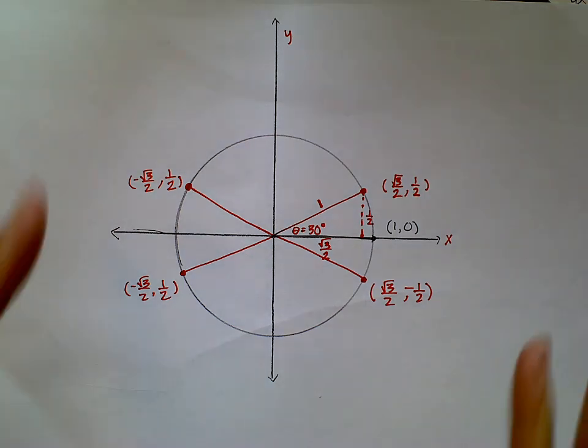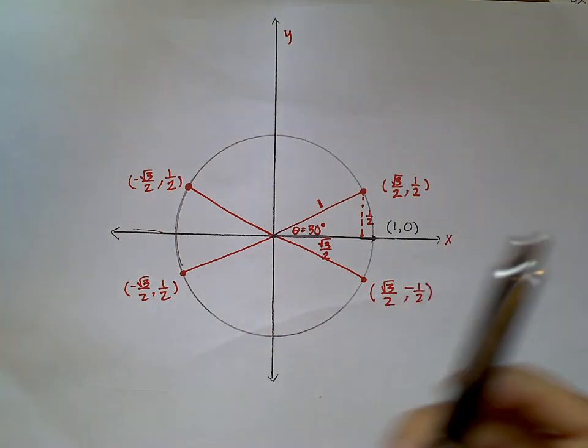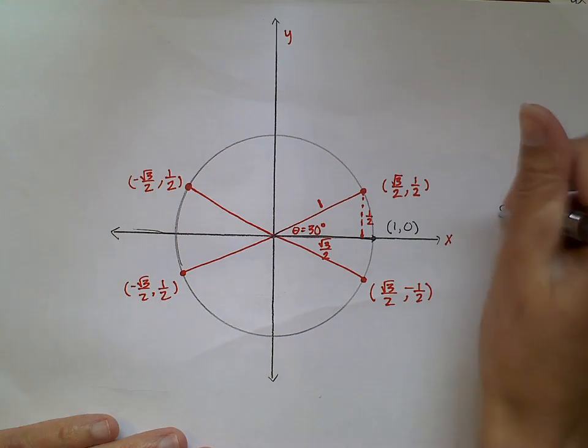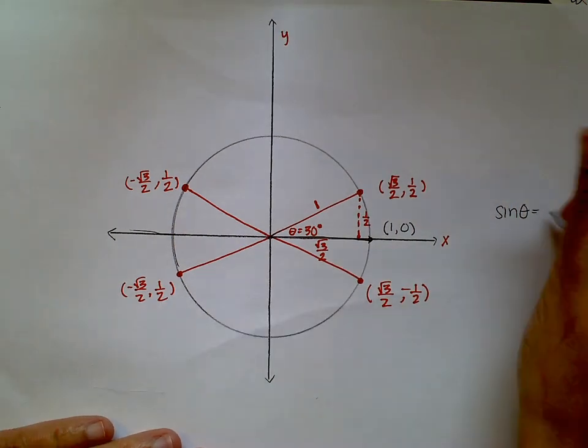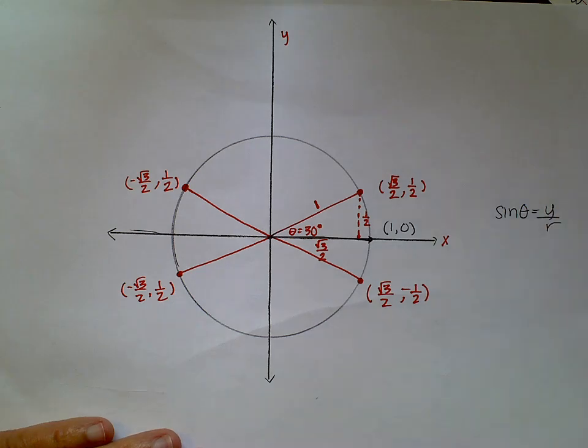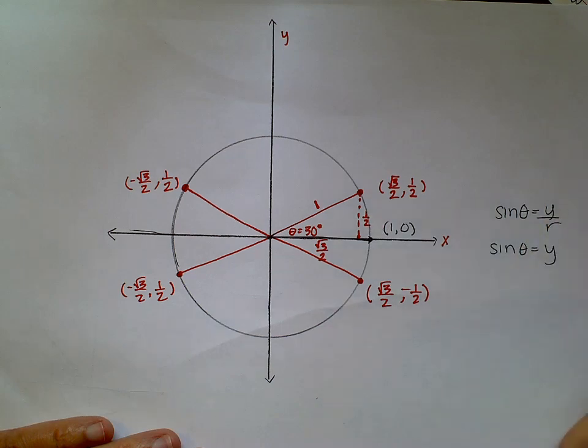So, to talk about that for a second, why is that helpful? Well, if you remember last time, we talked about how sine of theta, when I'm drawing things on a coordinate grid, is always y over r. But in this case, r, my radius, is 1. So sine of theta is really just y.